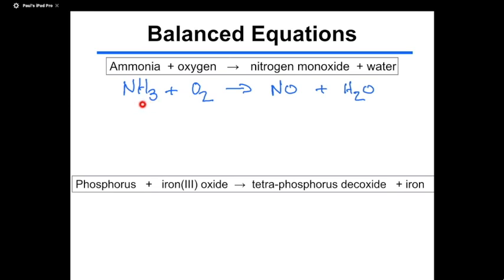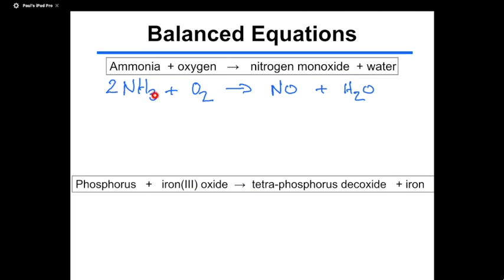How many hydrogens do I have here? 3. Odd. How many hydrogens do I have here? 2. Even. Odds and evens I can't get. So I take the odd one and I try to make it even. What can I put in front of this to make an even number? A 2. 2 times 3 is 6.